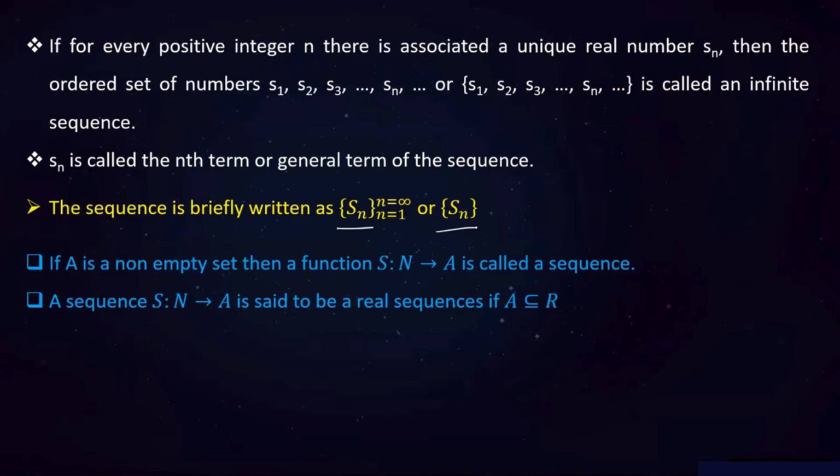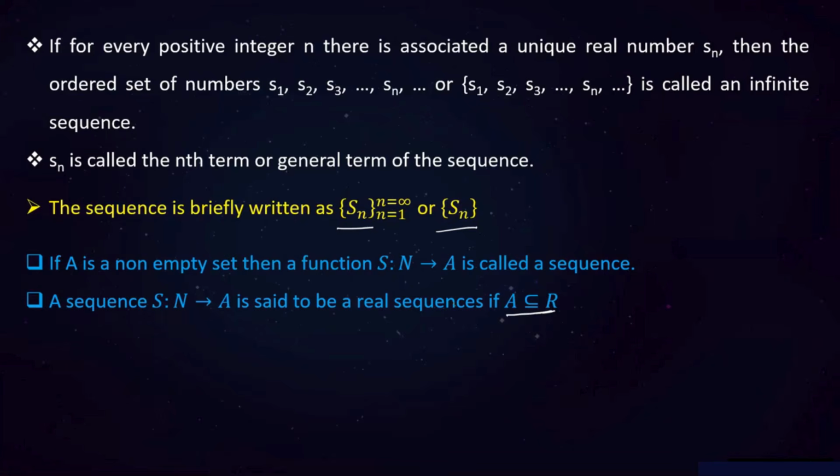In general, those numbers may be complex also. But in particular, if those numbers are only real numbers, that's how you can see here. If capital A is a subset of real numbers, the set of real numbers, then we call that sequence a real sequence. Understand?